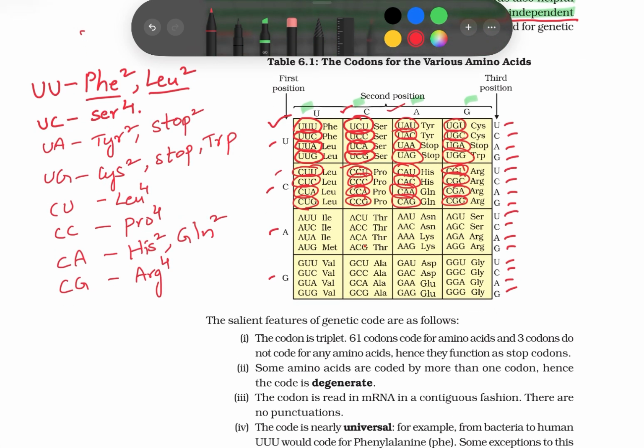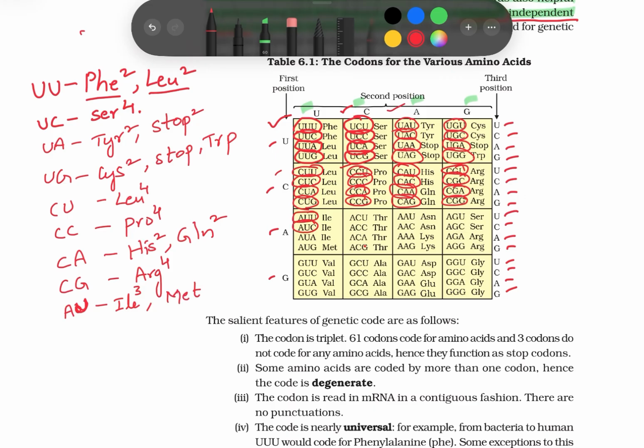Third row. AU. First three: AUU, AUC, AUA, AUG. First three codons are coding for isoleucine. Ile stands for isoleucine. Ile3. The last codon AUG is coding for methionine.